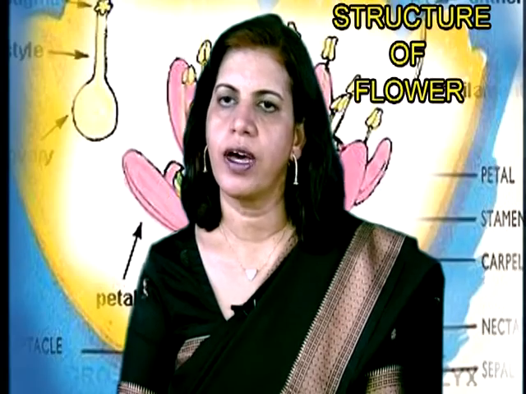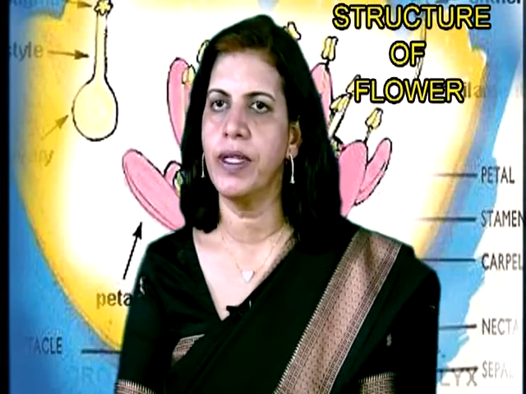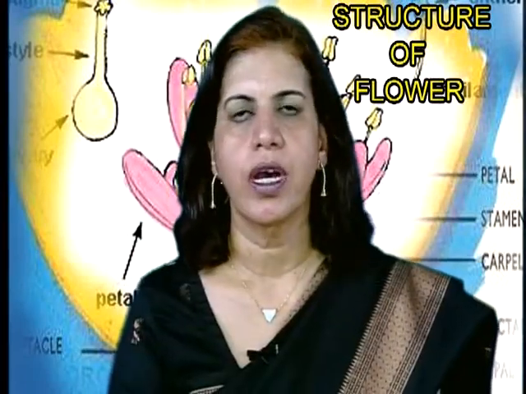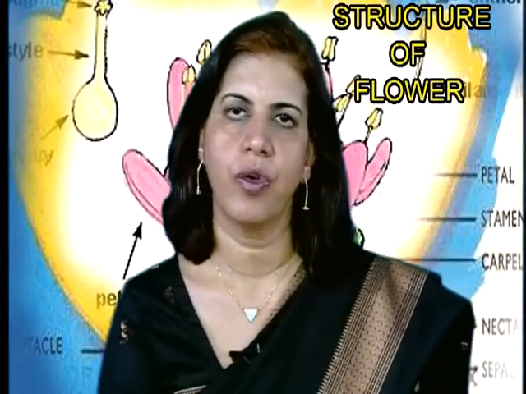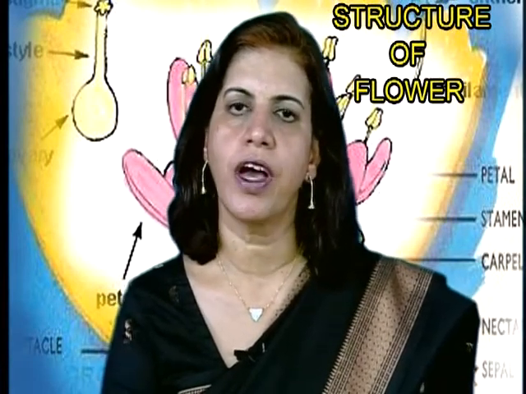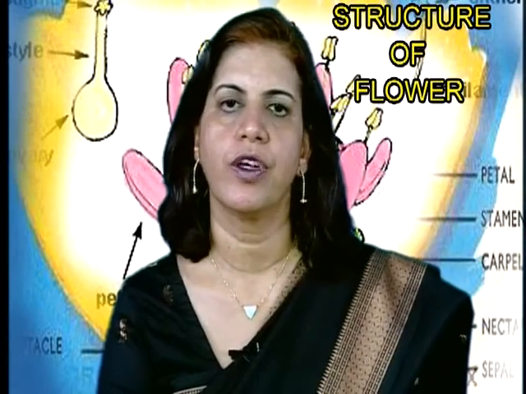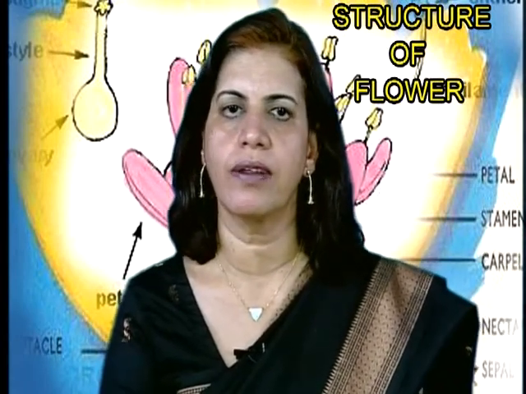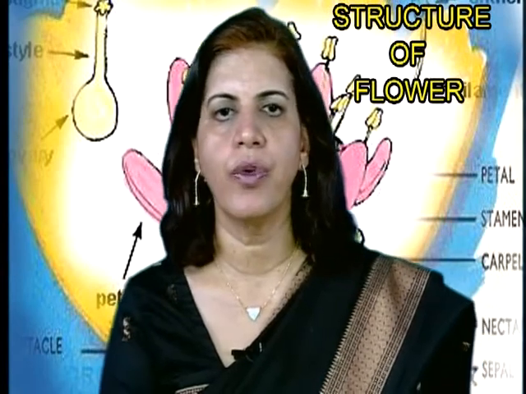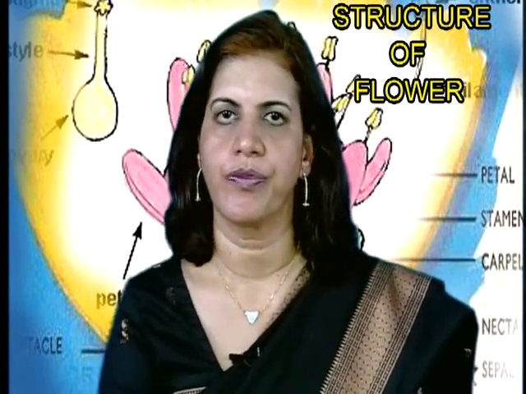Now what is hermaphrodite? Flowers that contain both stamen and pistil are termed hermaphrodite or intersexual. That means such a flower in which both the sexes of the plant are present is known as hermaphrodite or intersexual.